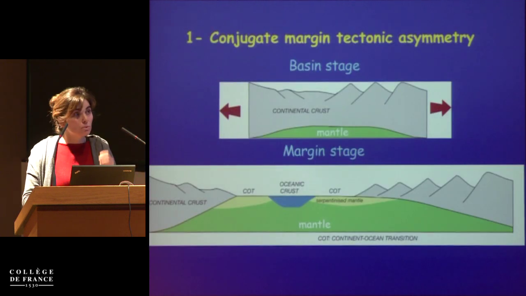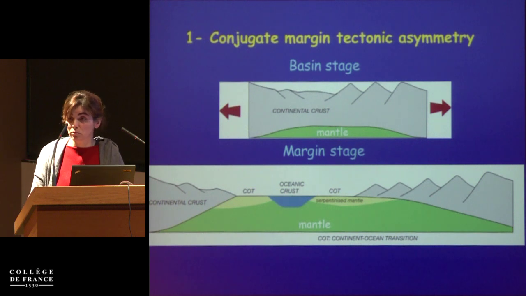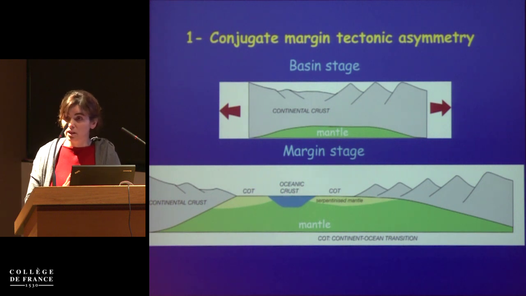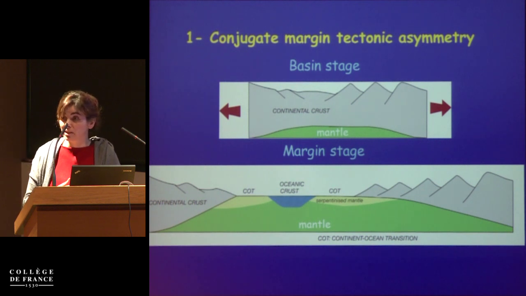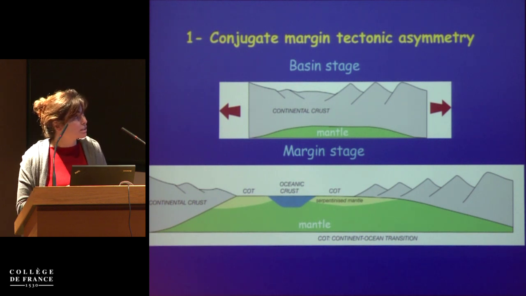So if we want to understand magma-poor margins, there are three key questions that we need to address. The first one is, how do we create asymmetric conjugate margins?